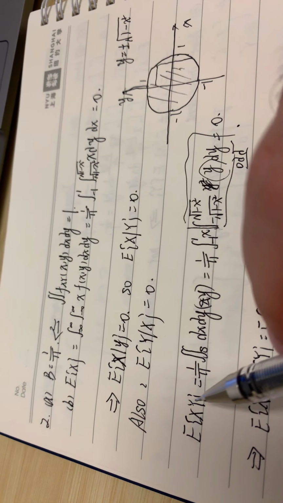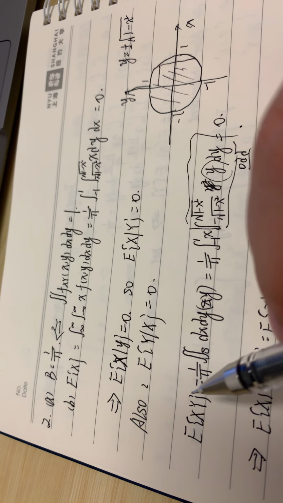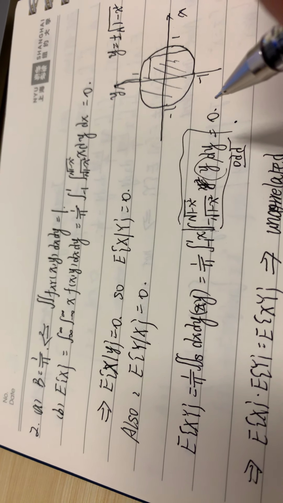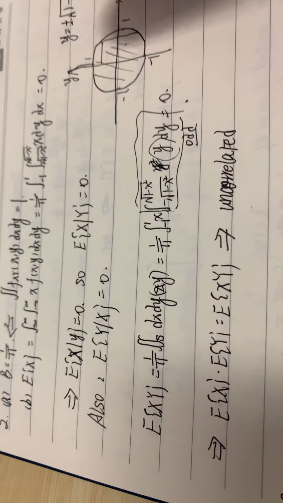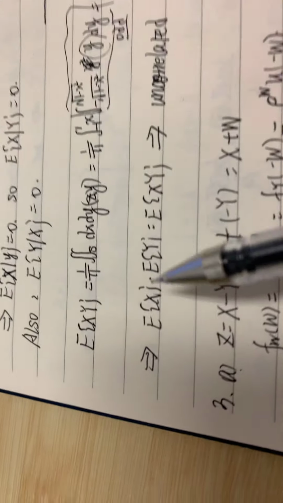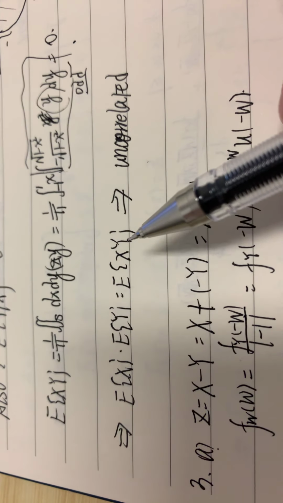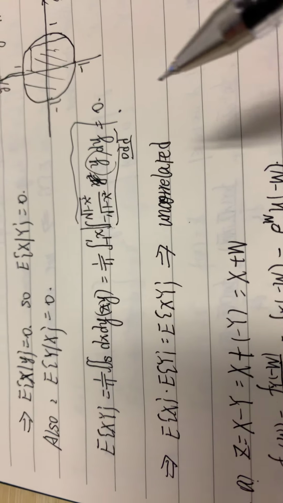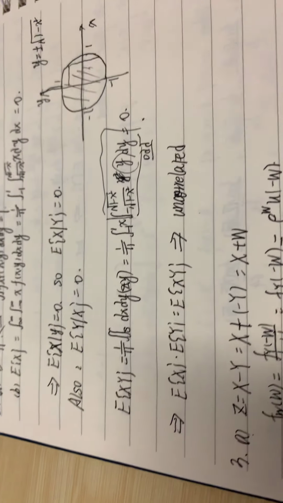That's the expectation of x times y, which is 0. So we find that the expectation of X multiplied by the expectation of Y equals the expectation of X multiplied by Y. So X and Y are uncorrelated. That's the final solution to question 2.